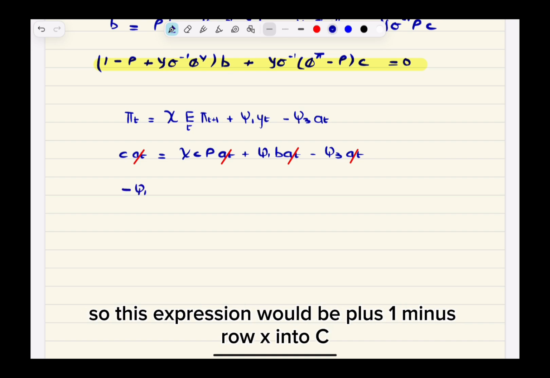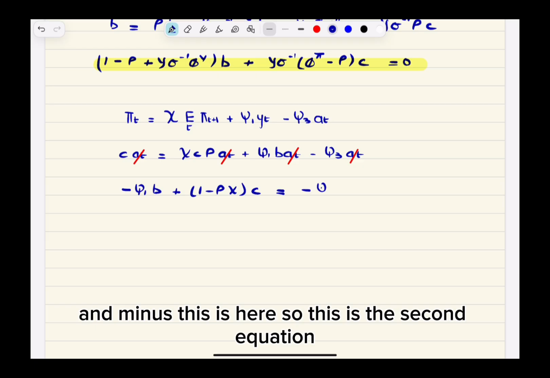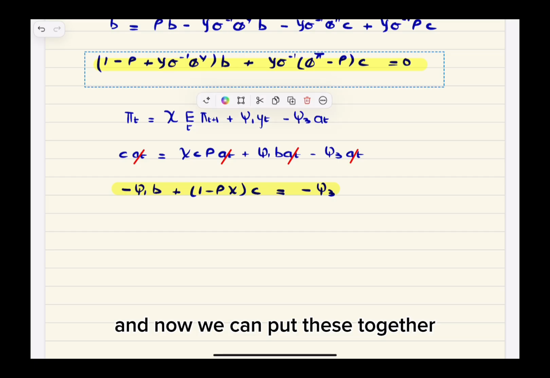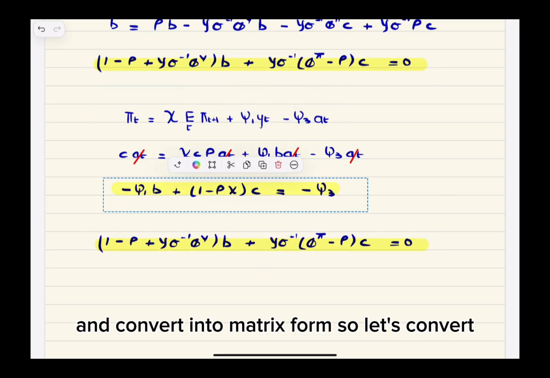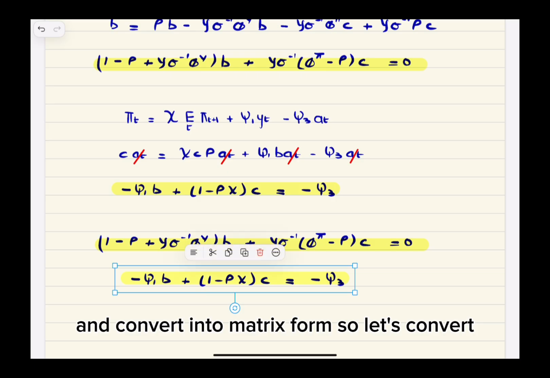So this expression would be plus 1 minus rho X into C, and minus this stays here. So this is the second equation, and now we can put these together and convert into matrix form.